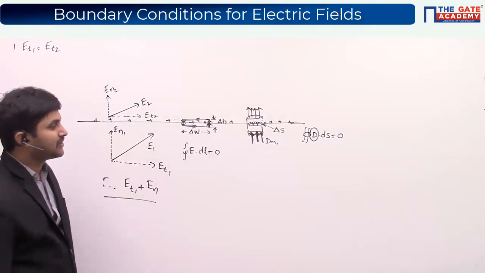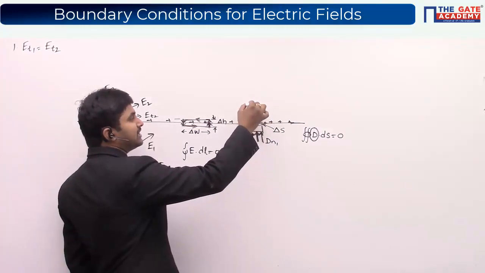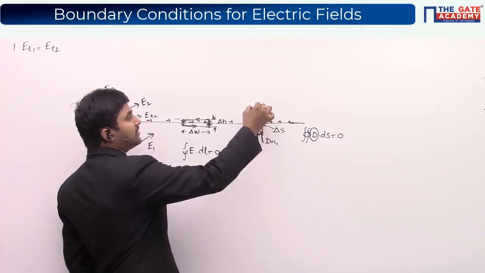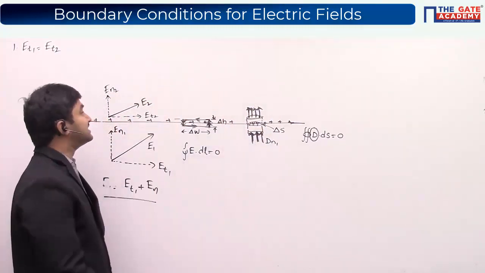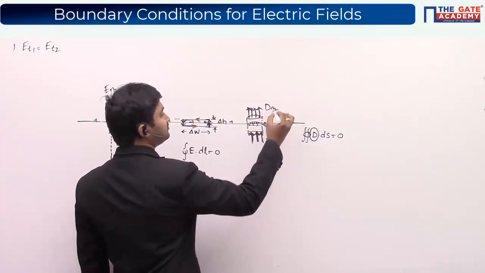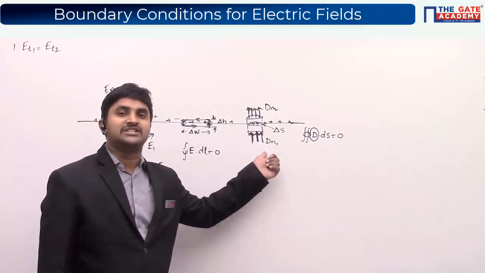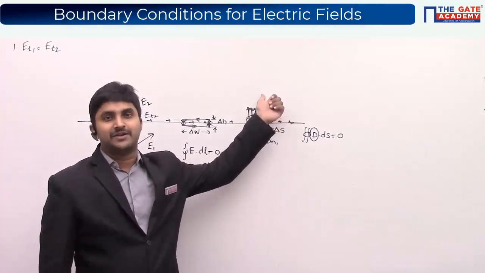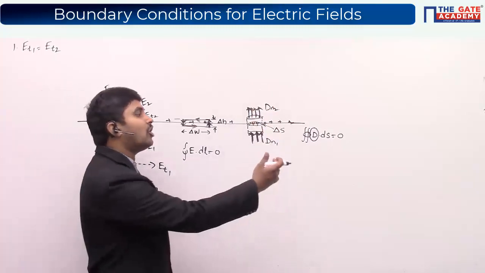Now in the second part, we are moving in the upward direction. This is also a normal part, in the same direction, so let me call it dN2. So the corresponding flux densities are dN1 in medium 1, and in the other medium we are going to consider dN2. So according to Gauss law, what can we write?